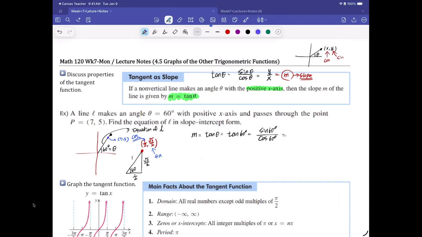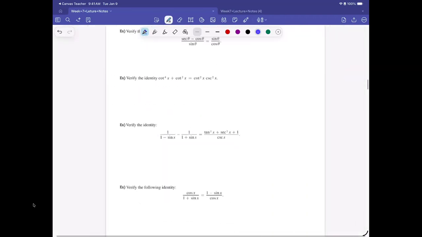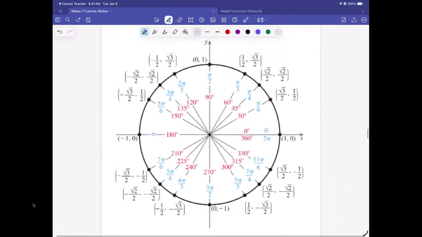I should have brought that. I just draw the triangle like that: the radius is always 1, the shortest side is 1 over 2, and the longest side is square root of 3 over 2.